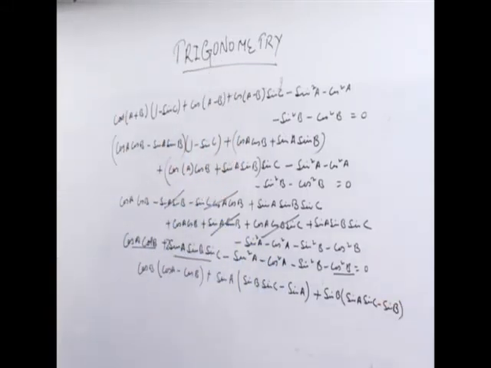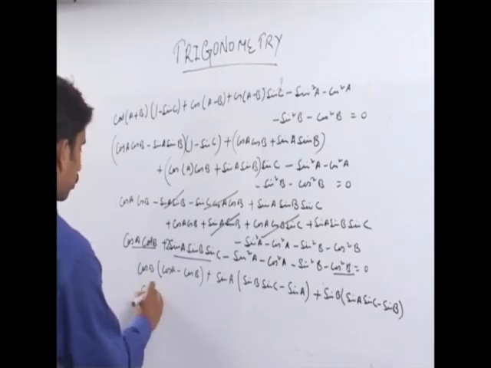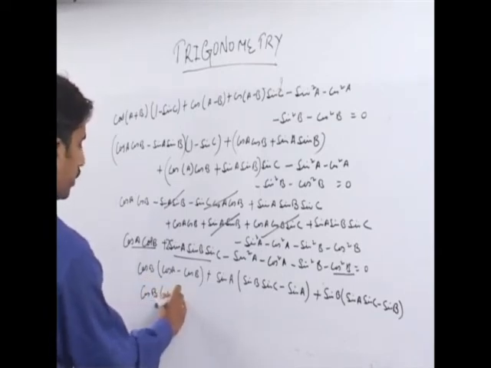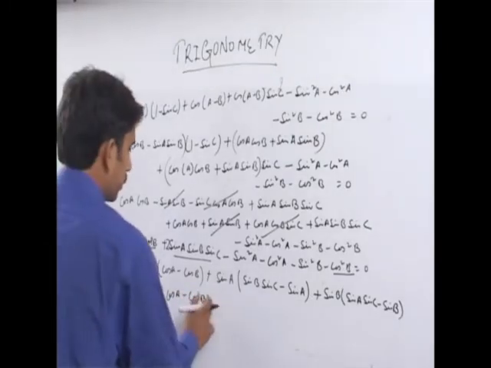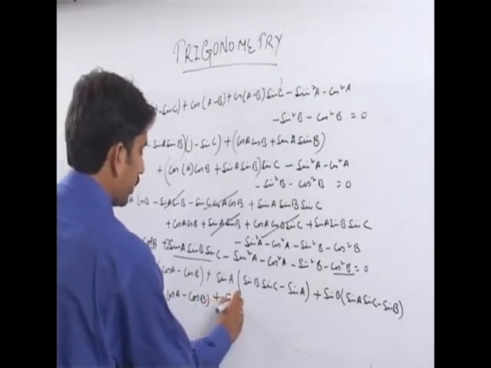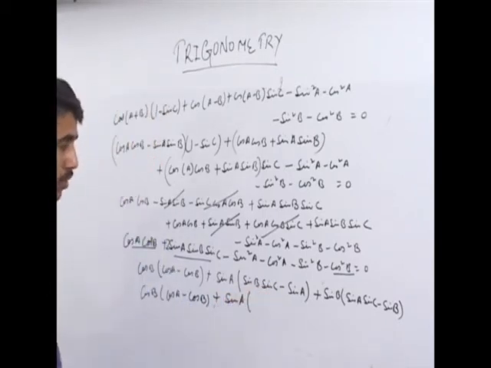When you solve it, this is equal to cos B (cos A minus cos B) plus sin A, sin B plus sin C, sin B into sin C.